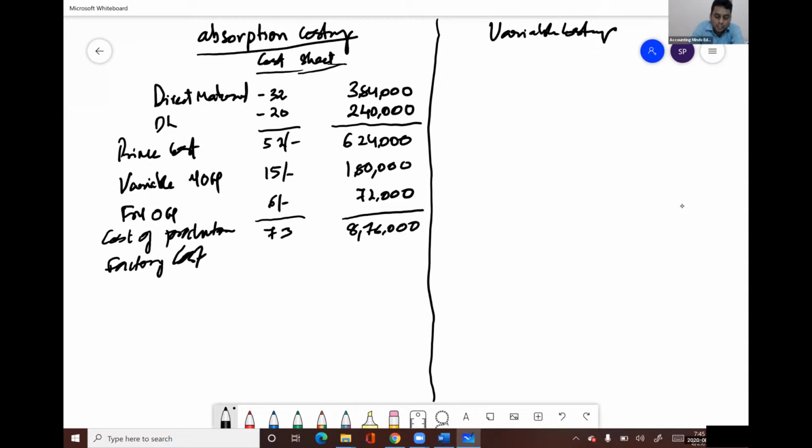What next? The selling cost also given, sir. There is no opening stock and closing stock. Is there closing stock? No, sir. Opening stock plus or minus?